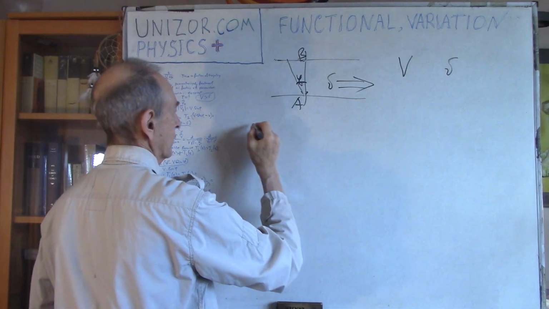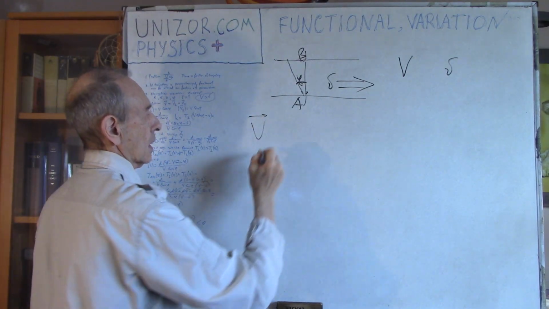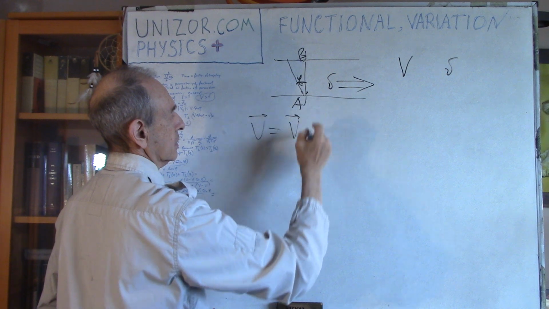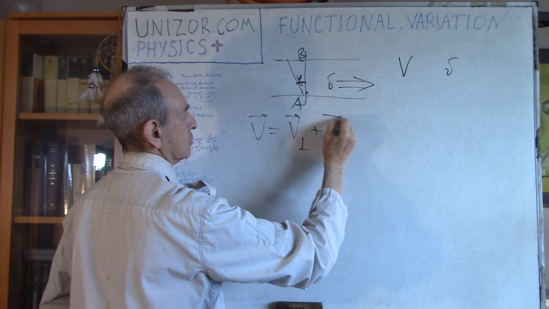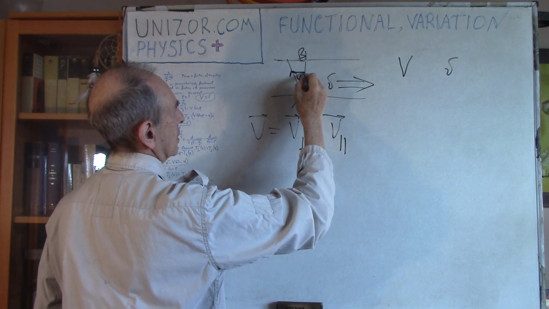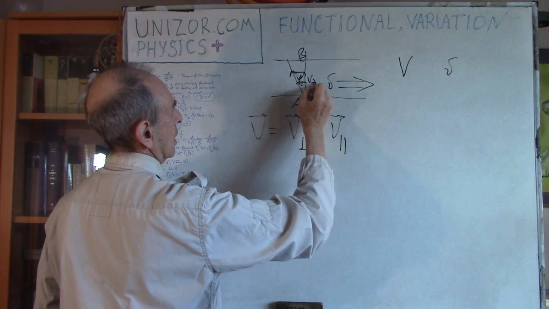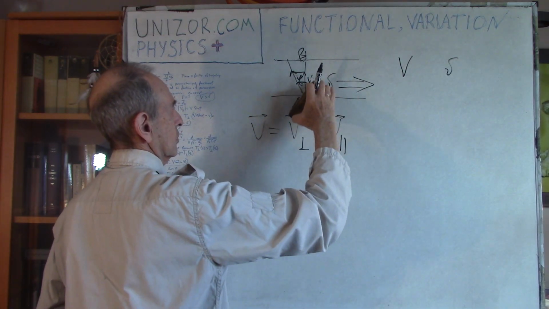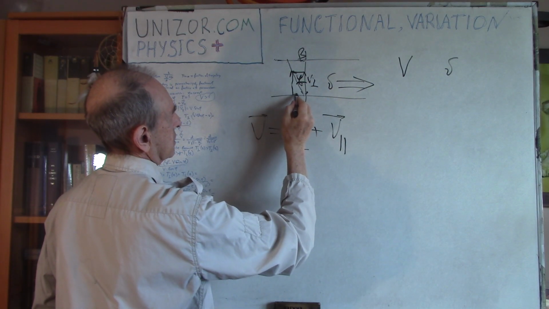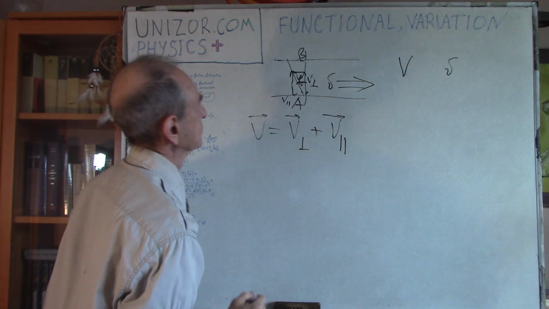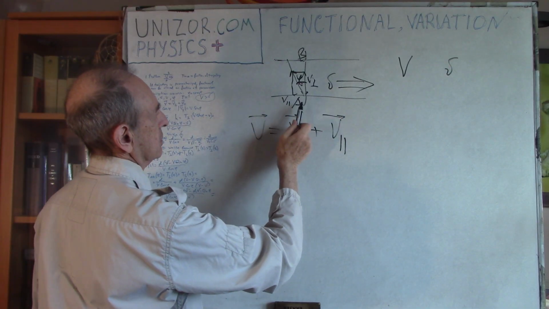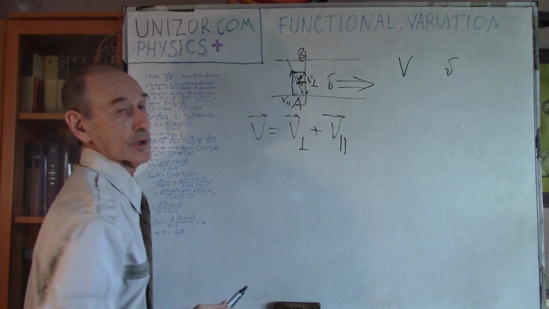My vector v, my speed, will have perpendicular to the current and parallel to the current components, right? So if this is my vector v, this would be my v perpendicular, and this would be my v parallel. So v parallel goes against the current, and v perpendicular will go across the river.